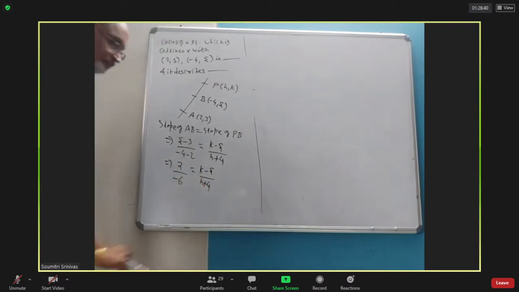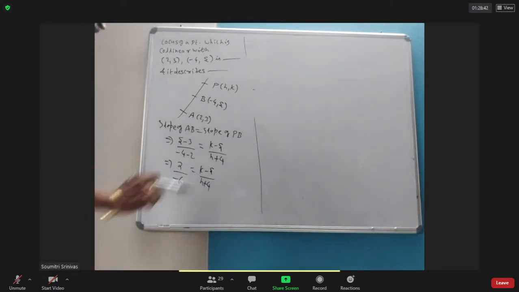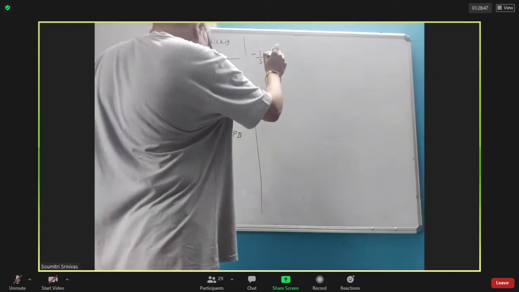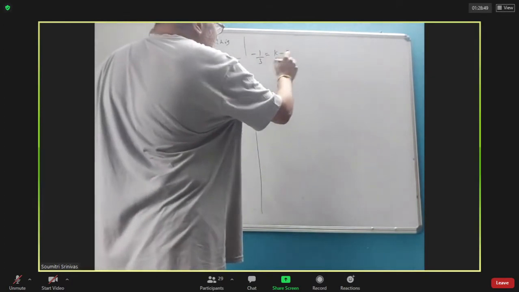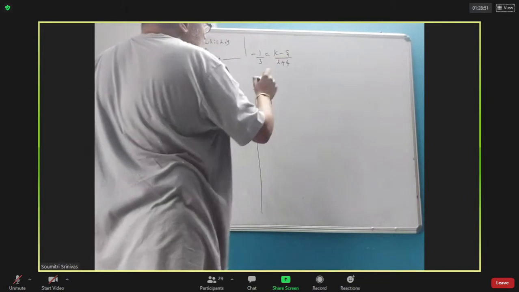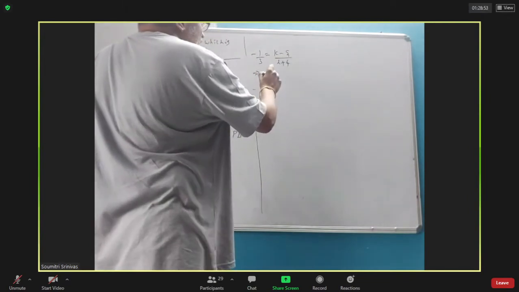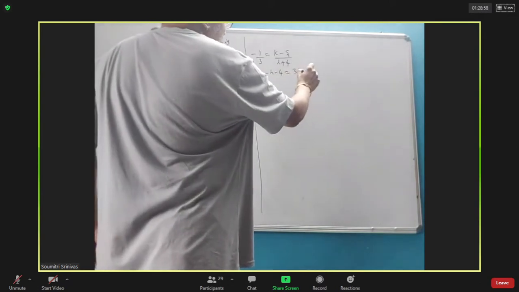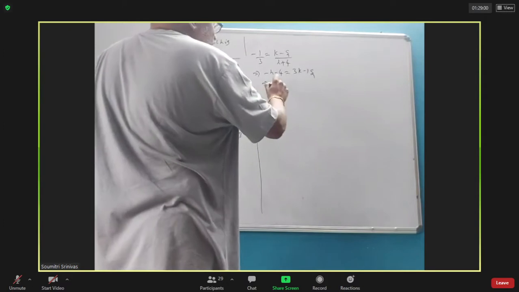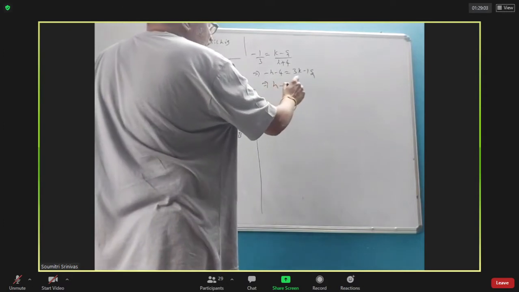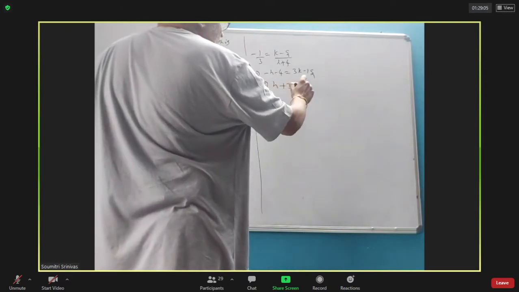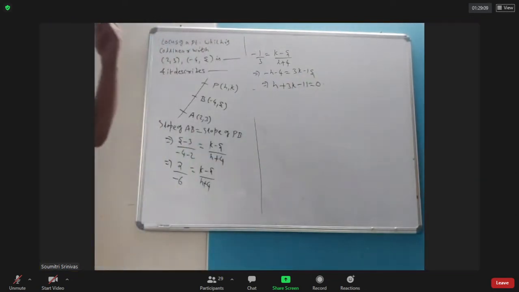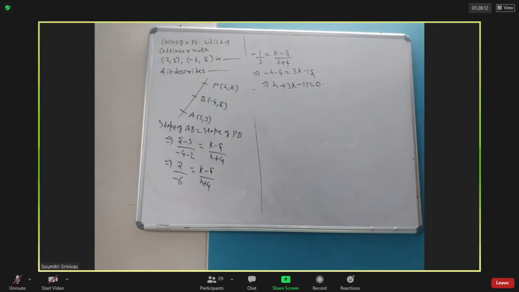Correct? Yes, sir. Minus 1 by 3 equals k minus 5 by h plus 4. Cross multiply: minus h minus 4 equals 3k minus 15. h plus 3k minus 11 equals 0. Correct?